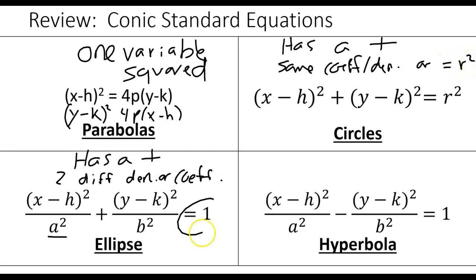Okay, whereas these guys equal 1, a circle could be equal to something else. Now the last thing that makes hyperbolas special is that they have a minus. That's what makes them special.